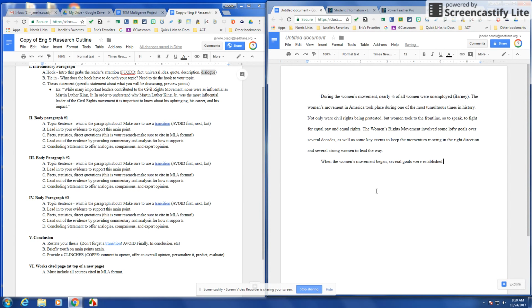All right, so you're setting up the timeline and the goals at the same time. So you put the year or whatever it began, several goals were established. Okay, so that's your topic sentence. Then you need to give details. One of these goals was the need for women to receive equal pay for equal work.